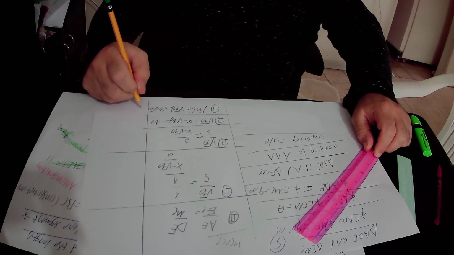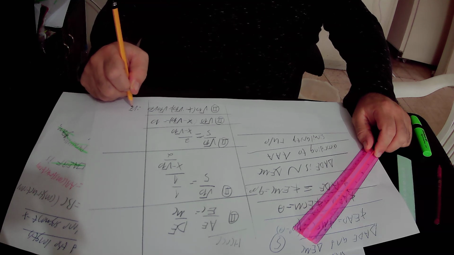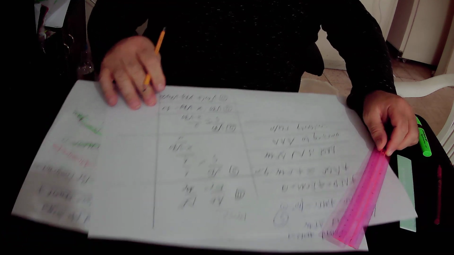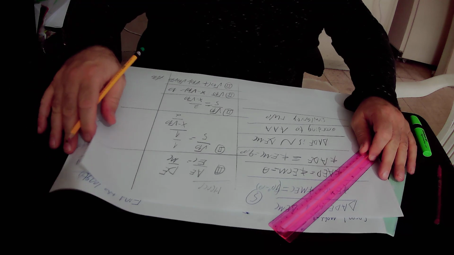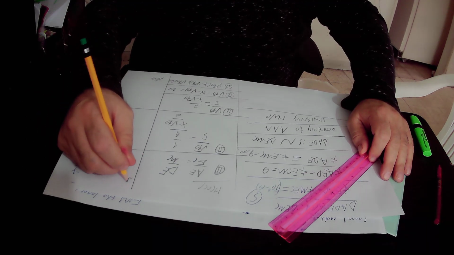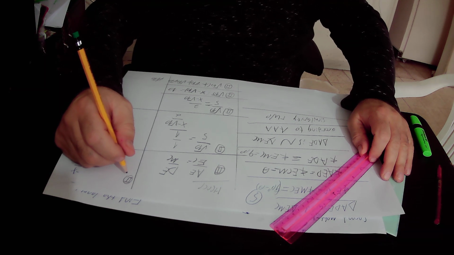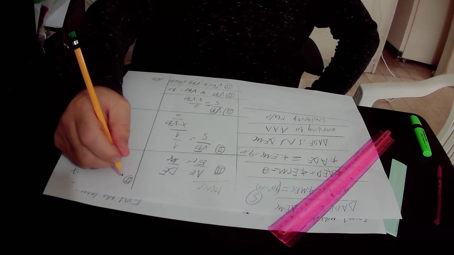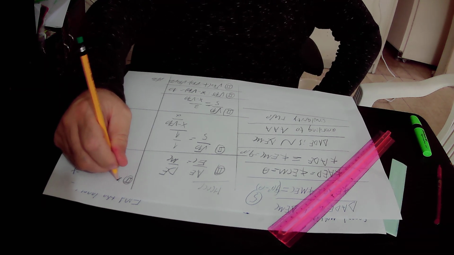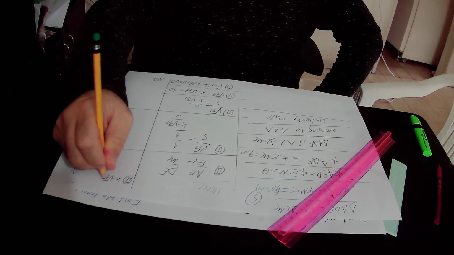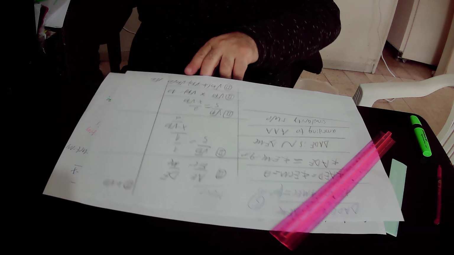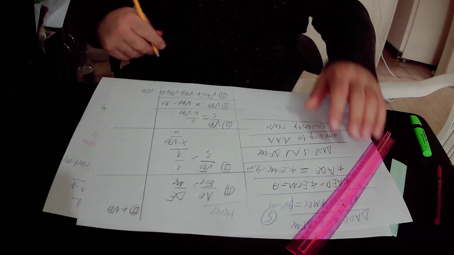We divide this equation number 2 by square root of 10, and we get that square root of 10 over square root of 10 is 1, so we are left on this side of equation number 2 only with x minus square root of 10, and it is equal to square root of 10 times square root of 10 over square root of 10, that is square root of 10.